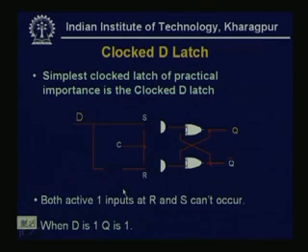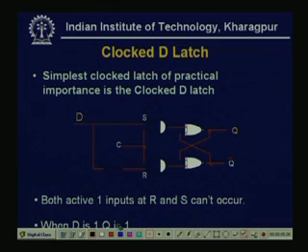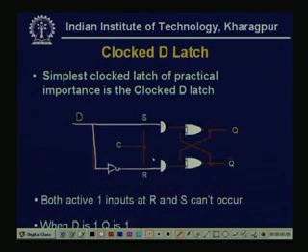Now, on the last day we saw the D flip-flop. It has only one input and another inverted input, that means from the same input it acts as the R, and the clock is fed to both the AND gates, and then it is actually our SR latch, two cross-coupled NOR gates.